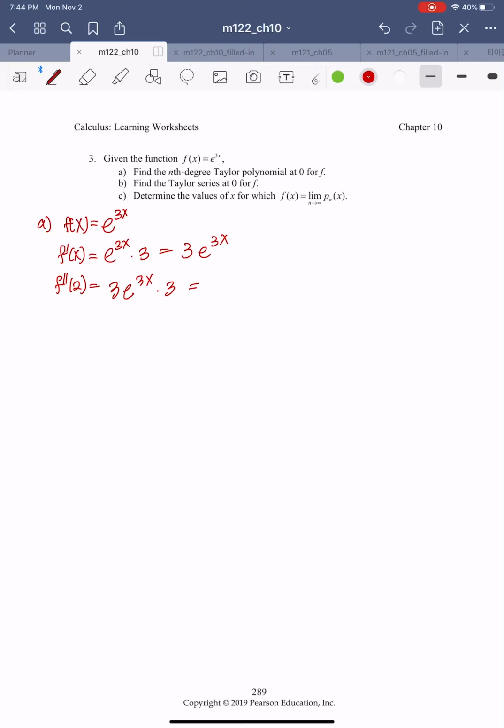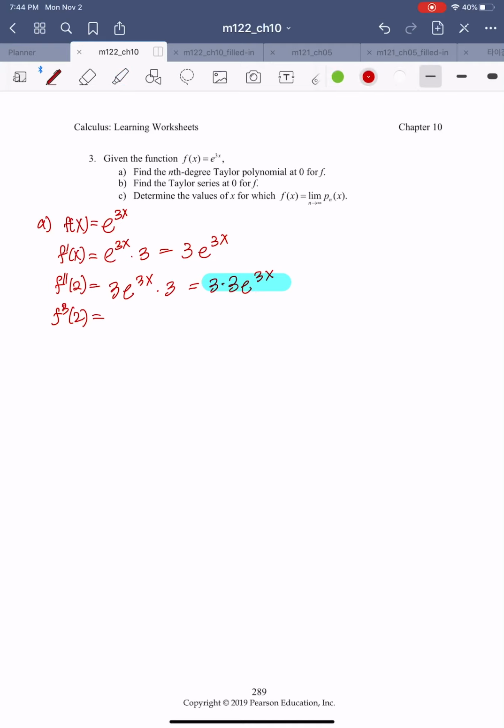So now I'm going to do this so that you can see the pattern. I'm not going to put 9. You can, 3 times 3 is 9, but you're going to miss the pattern. So in other words, it's 3 times 3 times e to the 3x. Let's do the third derivative, same thing. This whole part remains the same, right? But the derivative of 3x is 3. So it looks like we are just going to gain another 3.